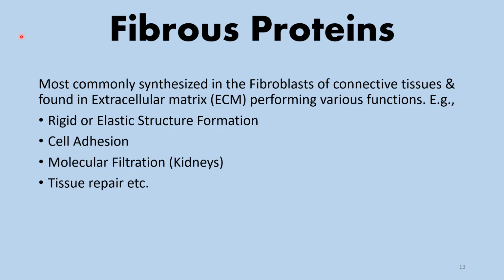Hemoglobin is tetrameric while myoglobin is monomeric. Hemoglobin carries 4 molecules of oxygen while myoglobin carries 1. The oxygen dissociation curve is hyperbolic in case of myoglobin and sigmoidal in case of hemoglobin.